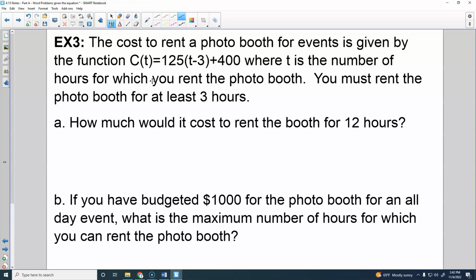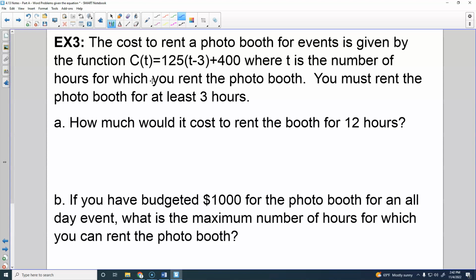Okay. All right. In case you are wanting to rent a photo booth, here's another problem. We used to do this for prom some, so this is roughly accurate for a photo booth.